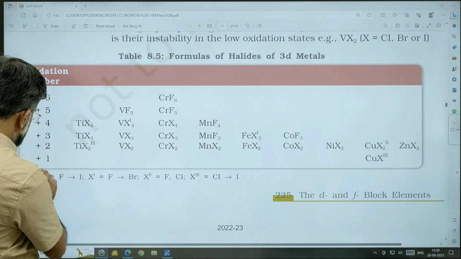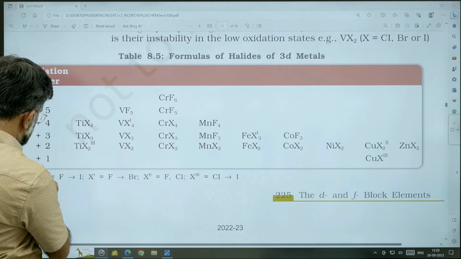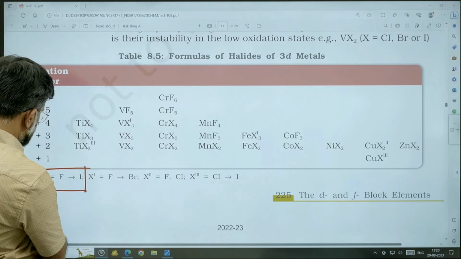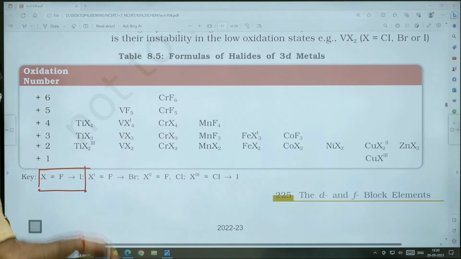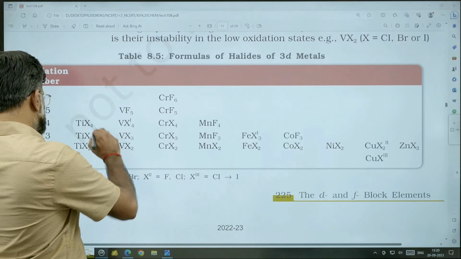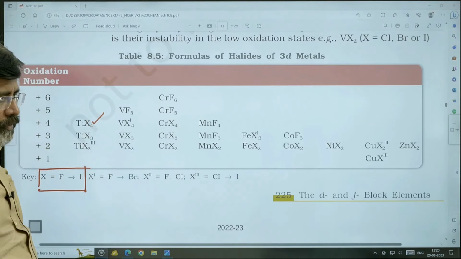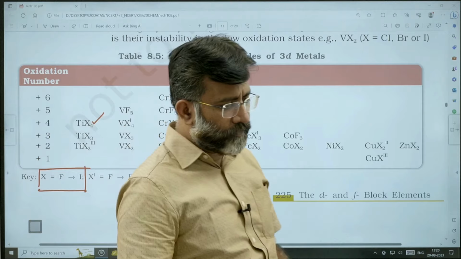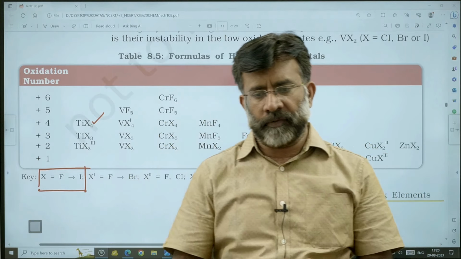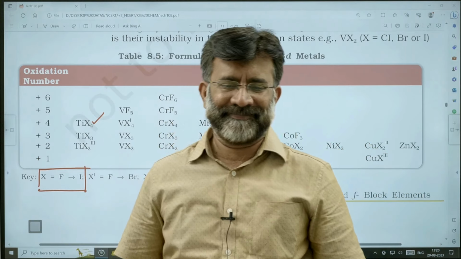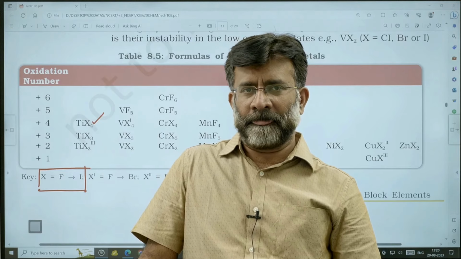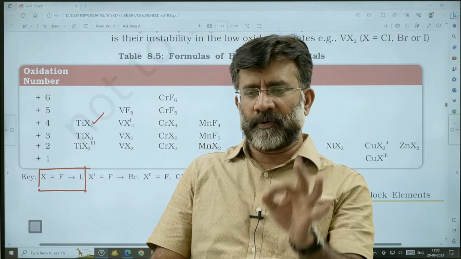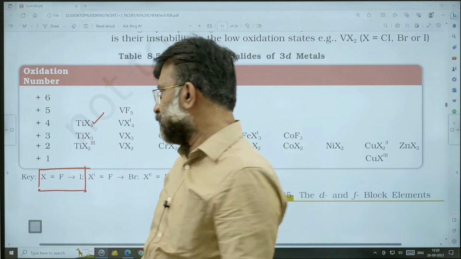There is a representation like this. X means all halogens. That means TiX4 means TiF4, TiCl4, TiBr4, TiI4; everything exists. TiX4 means fluoride, chloride, bromide, iodide, everything exists.